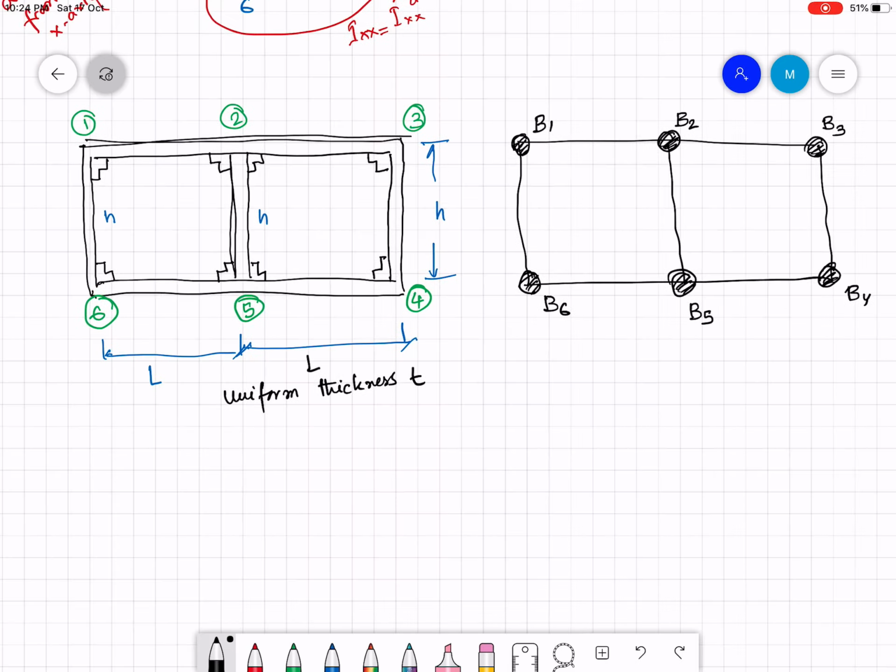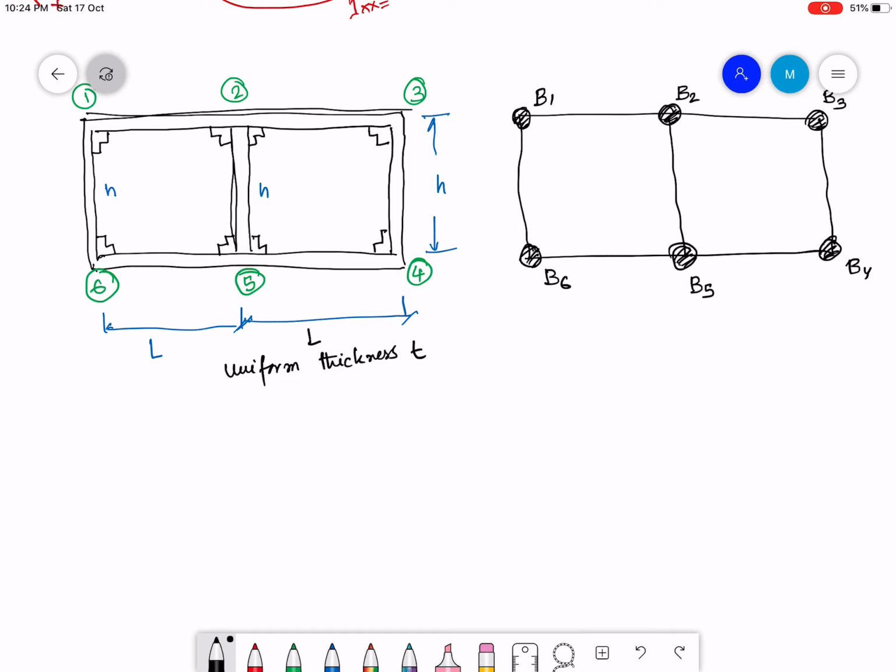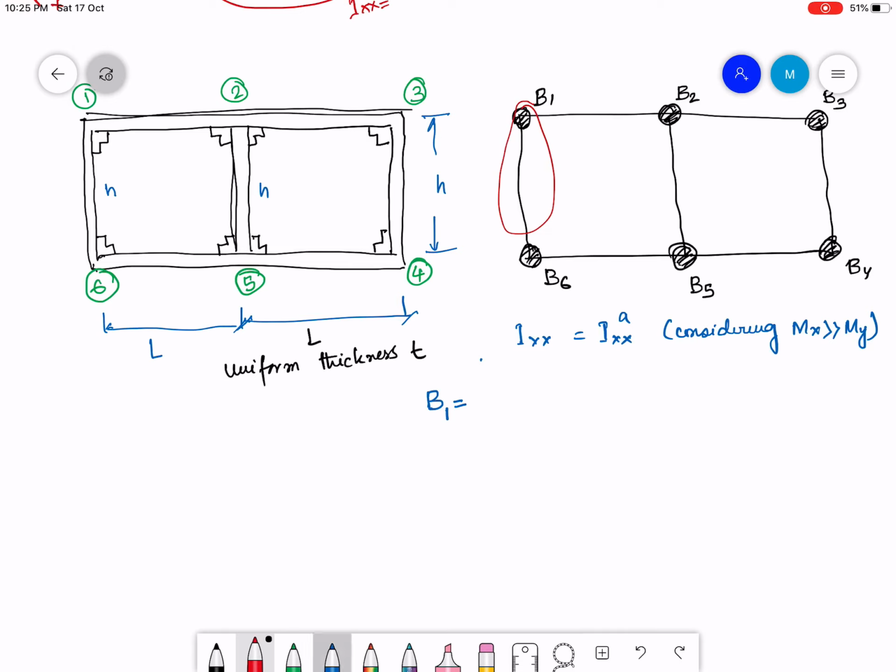By the same logic that we used earlier, the area of B1, if we equate Ixx to Ixx_a, considering Mx is greater than My, is going to be 1/6 of this web, so 1/6 of h into t, plus half of this flange, so half of lt, plus the area of the stringer at 1, A_S1.